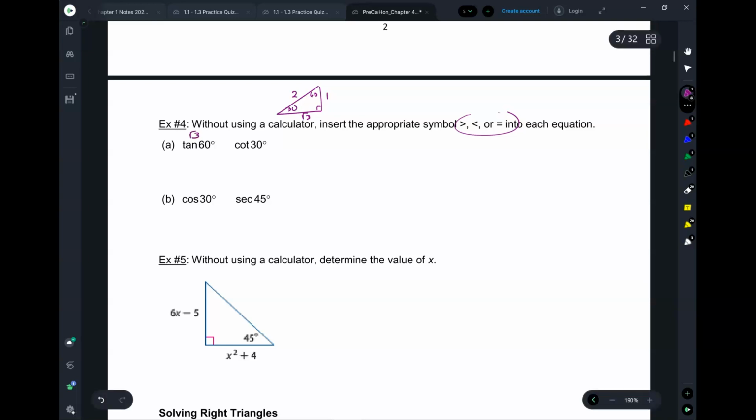Root 3. And what about cotangent of 30? Yeah, they're going to be the same. So it's going to be root 3. So these are equal to each other.